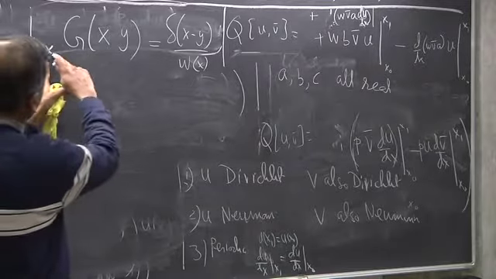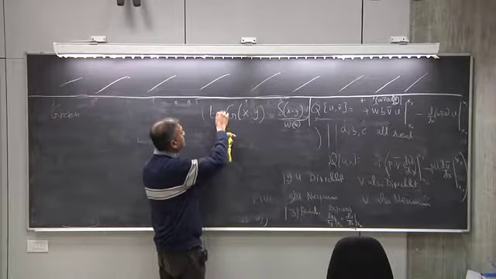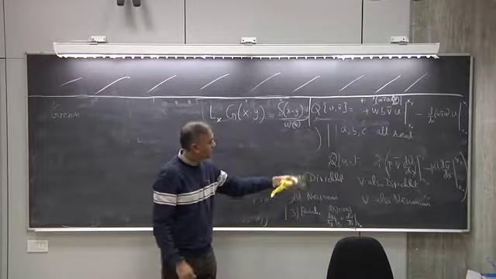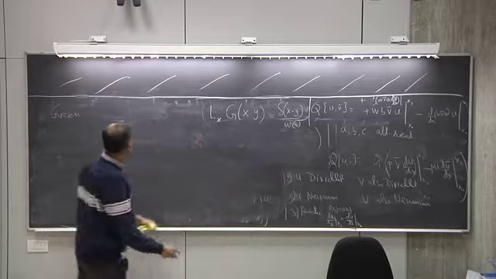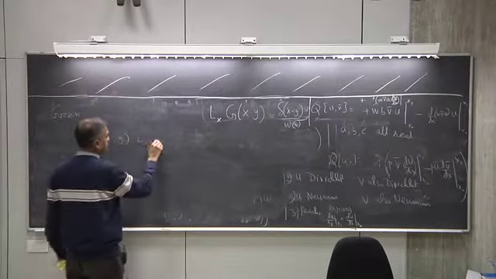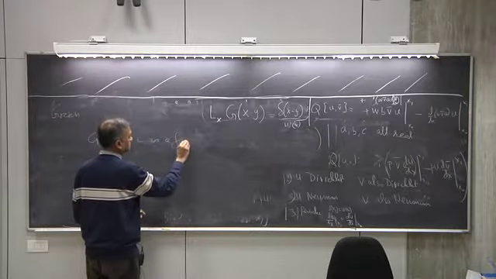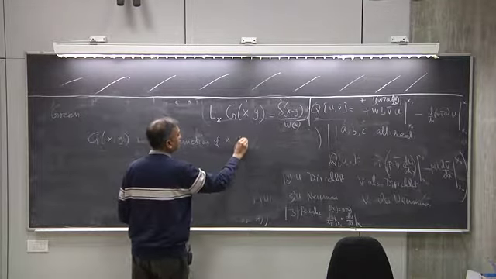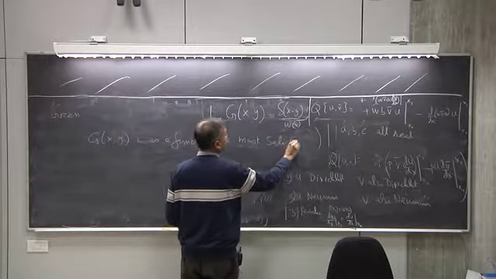But now look at this. This is acting on x. But remember, L is supposed to act on functions which satisfy whatever boundary conditions u satisfies. So we'll say that g(x,y), not as a function of y, but as a function of x, must satisfy the boundary conditions.